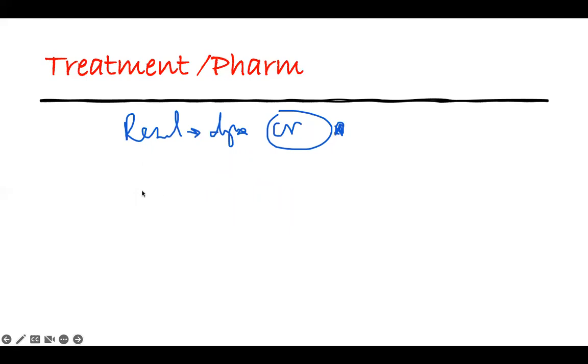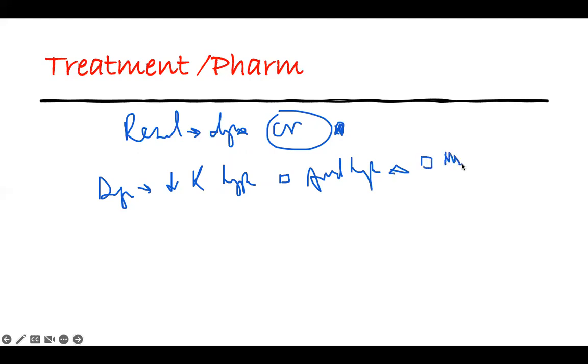Okay. Now, there's certain things digoxin does. It makes your potassium go down. So hypokalemia. Because of that, you should avoid hypokalemia. That doesn't mean you should take potassium. It means keep the patient's potassium normal.